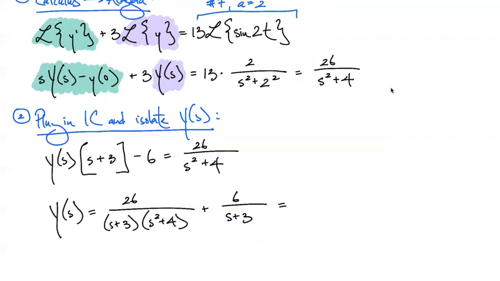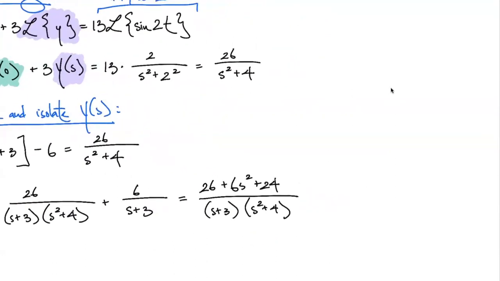That's going to give me 26 plus, let's see, 6s squared plus 24 all over s plus 3 times s squared plus 4.